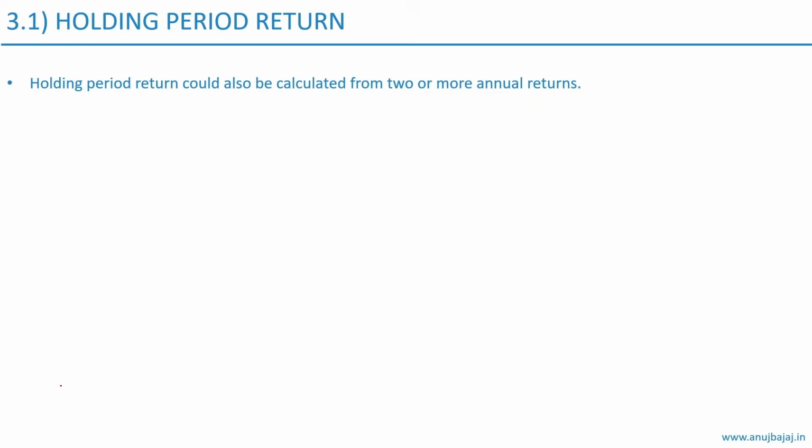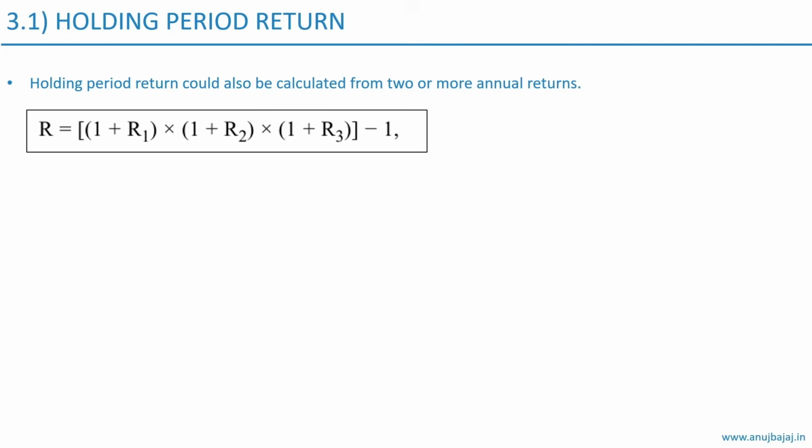So the formula for calculating the holding period return is this: 1 plus return of the year 1 multiplied by 1 plus the return of the year 2, 1 plus the return of the year 3, and so on, and subtract 1 from it. In our case, the return for the year 1 was 10%, return for the year 2 was 12%, and there was no year 3.